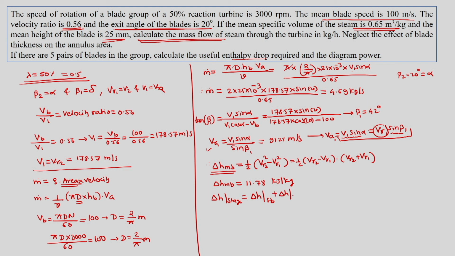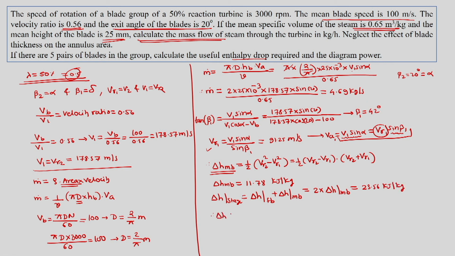So we have delta H complete stage equal to delta H nozzle or fixed blade plus delta H moving blade, but we are told that it is 50% reaction. So it is 2 into delta H moving blade, which is 23.56 kilojoule per kg.